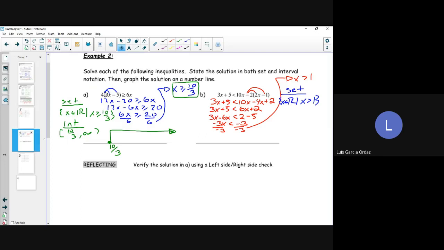And then what would our interval notation look like? Open bracket or square bracket? Open bracket 1, comma, infinity, open bracket. And for our number line, open dot or closed dot? So we're going to have an open dot at 1, and it's everything to the right of 1 that makes this inequality true.